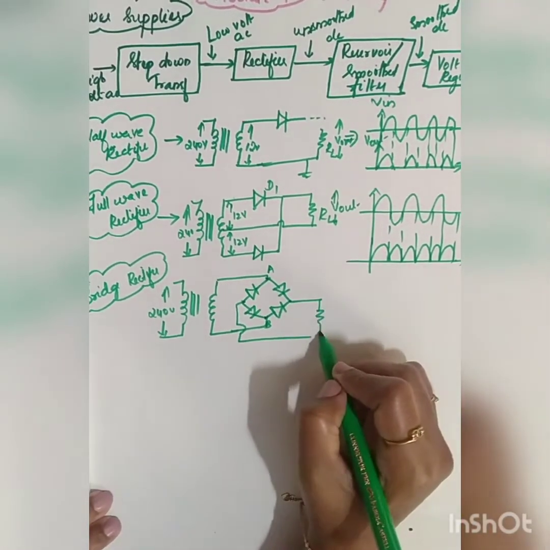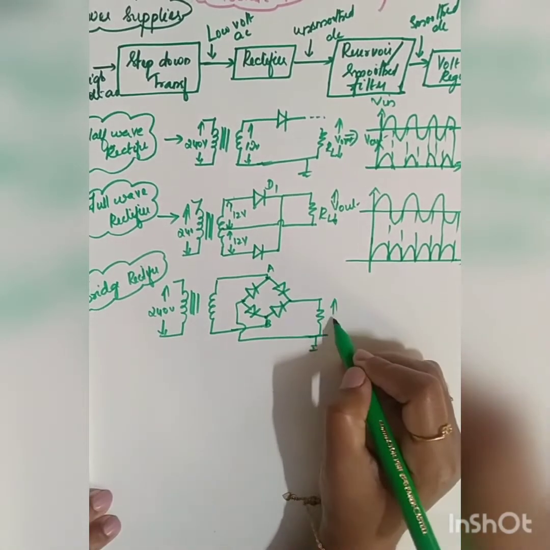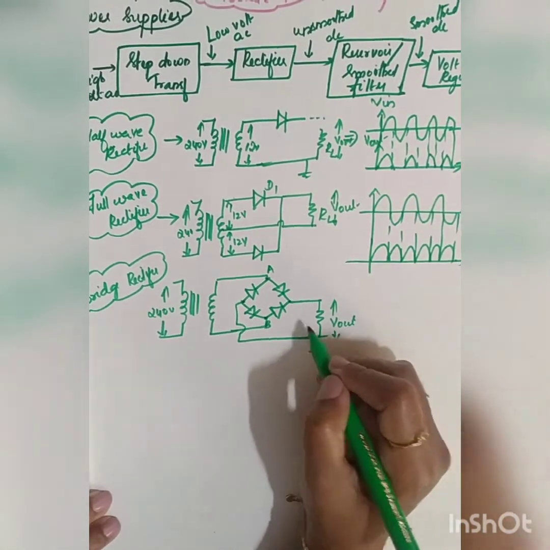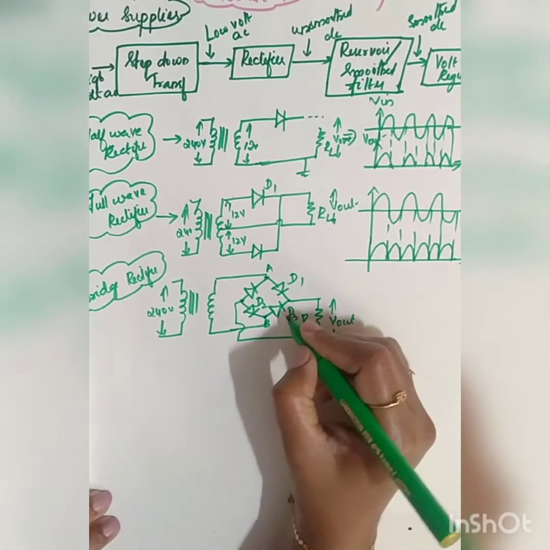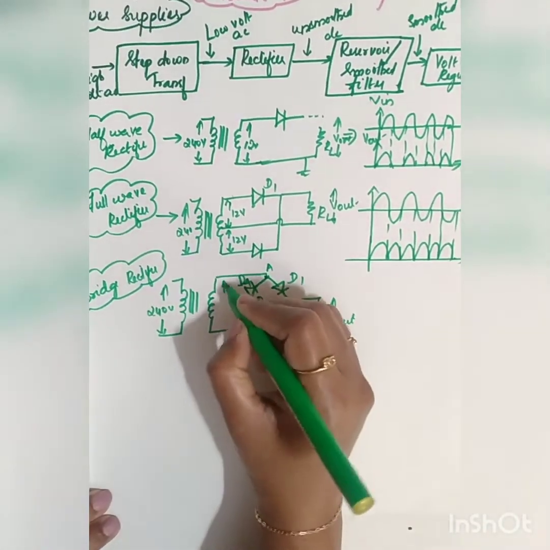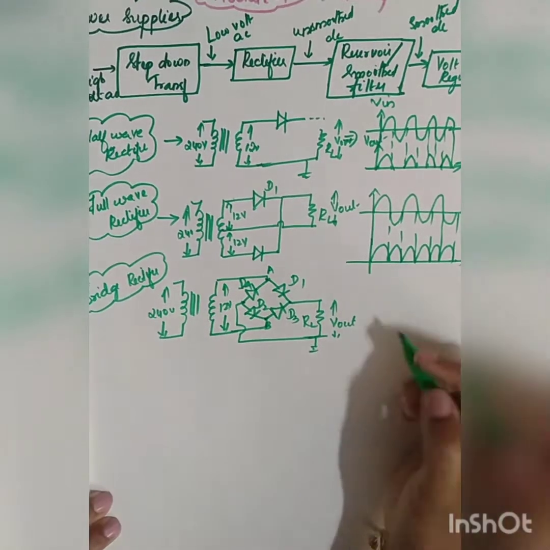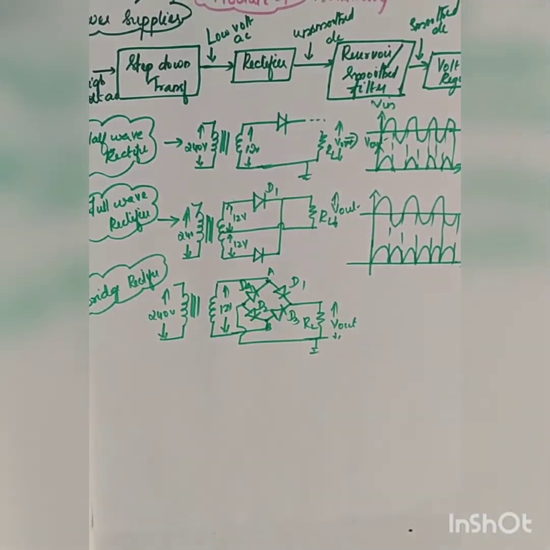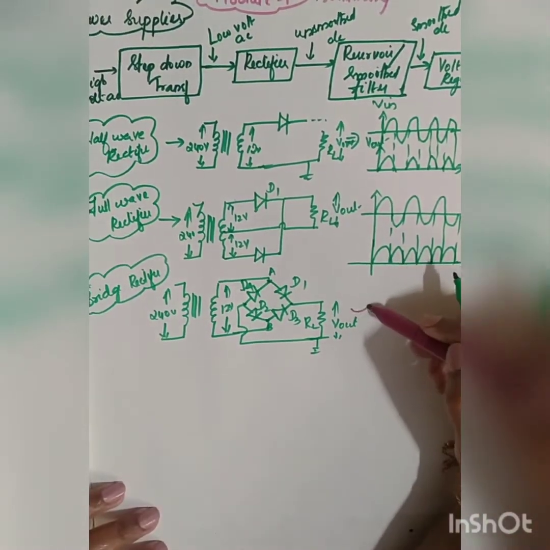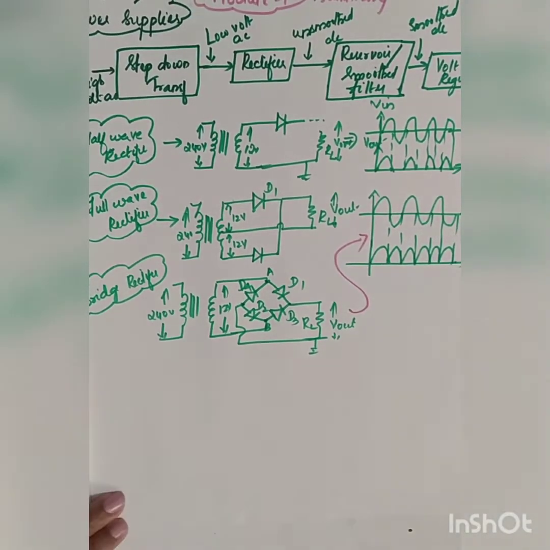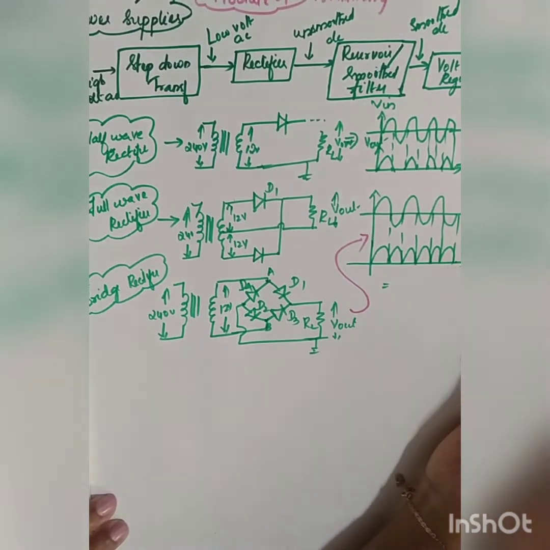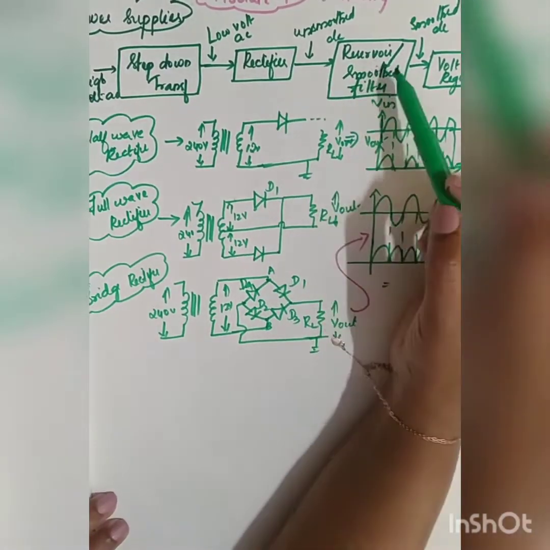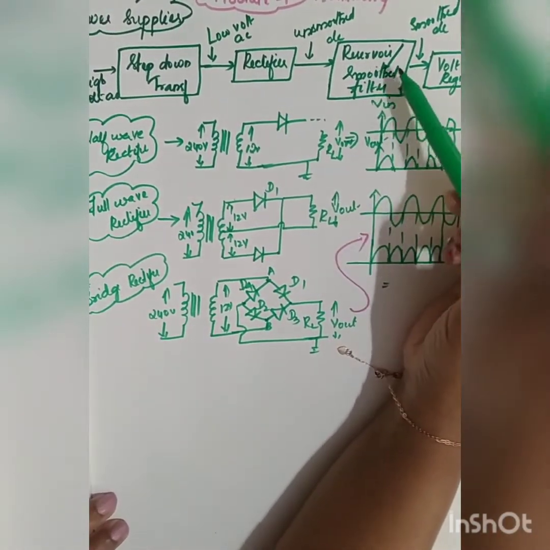You have taken the output across this RL, right? D1 and the opposite diodes, D3 and D4, were the conducting diodes. Here it was equal to 12 volt. The output of the bridge rectifier is the same as that of your full wave rectifier.